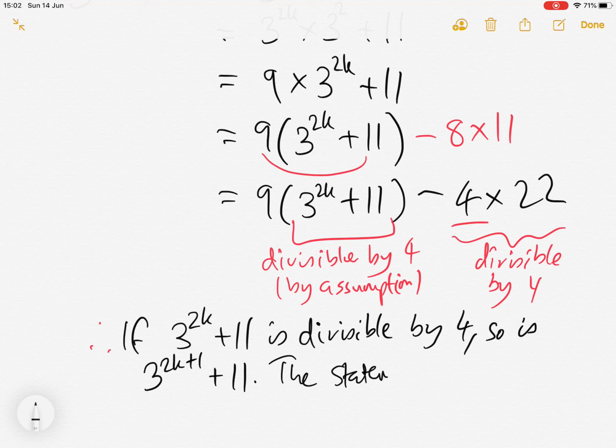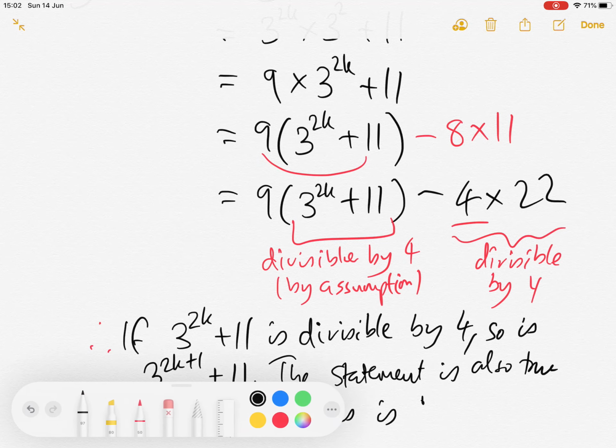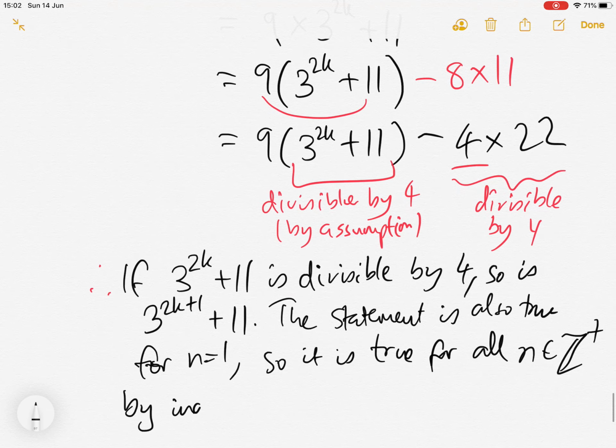The statement is also true for n equals 1. So it is true for all n in the positive integers by induction.